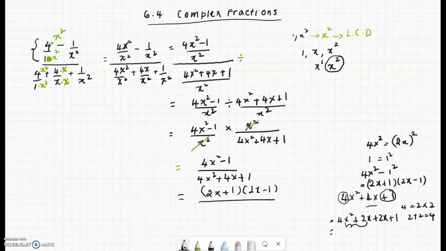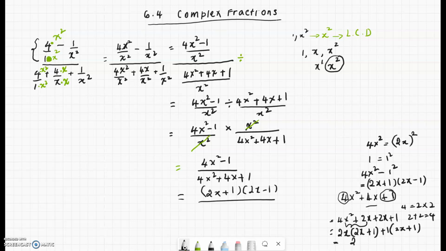Now take the first two terms, factor out 2, because you have a 2 and a 4, 2 goes into 4, and you have an x and an x squared. So if I factor out 2x from 4x squared, I get a 2x, and then plus 1. Factor a 1 out, and you get 2x plus 1.